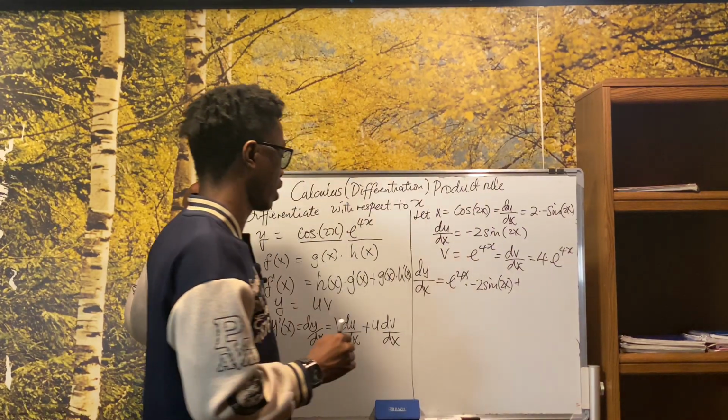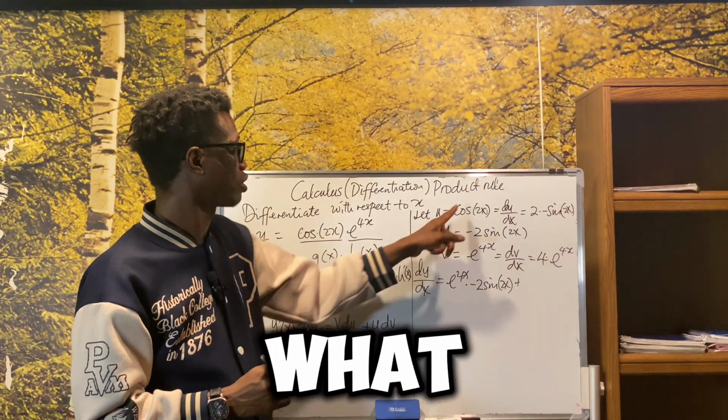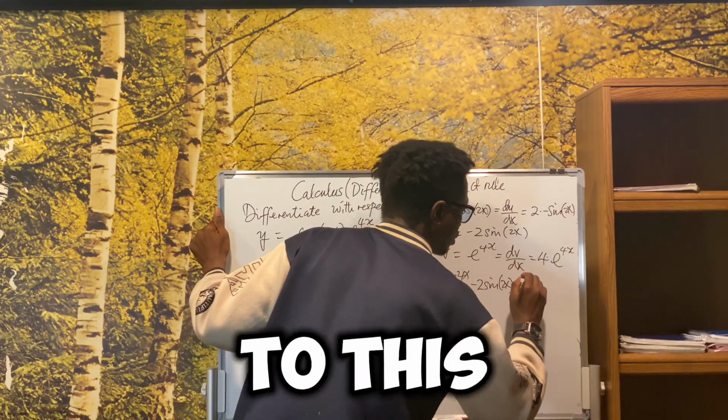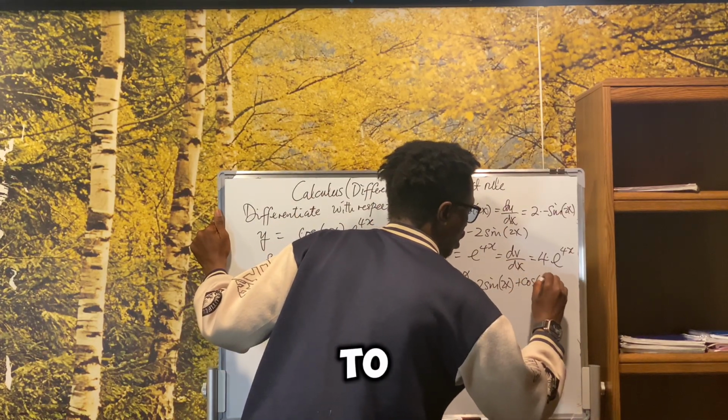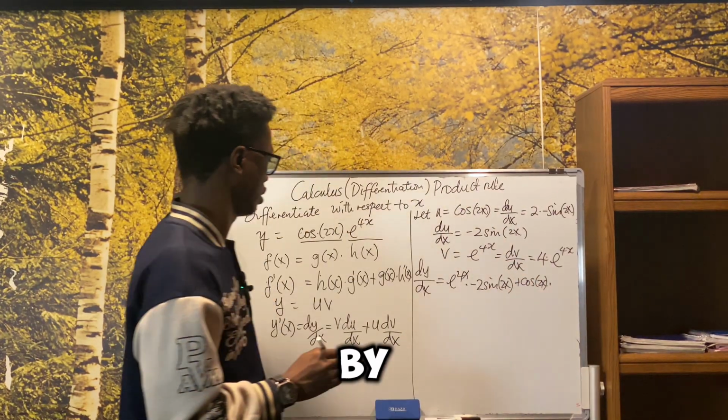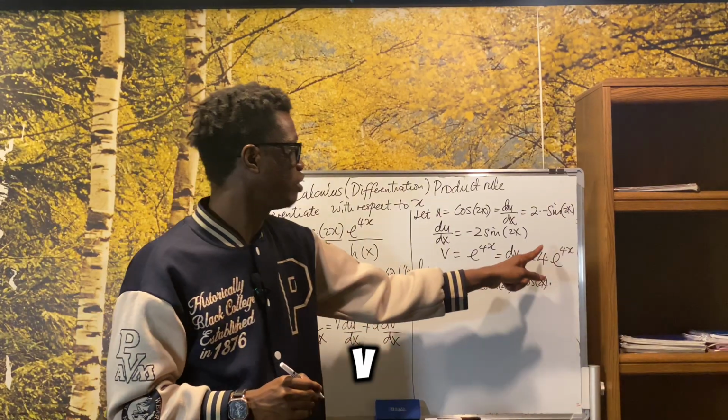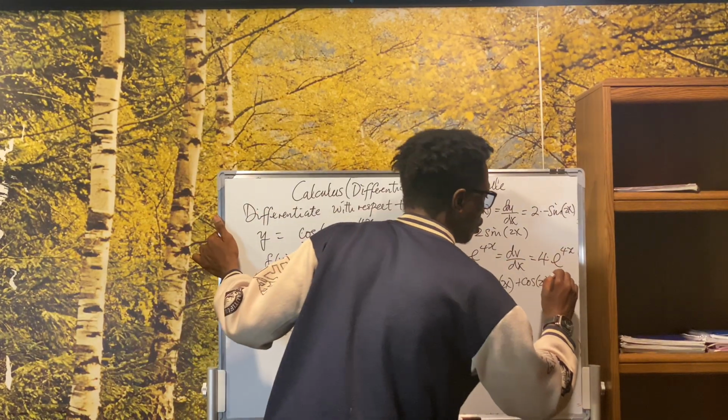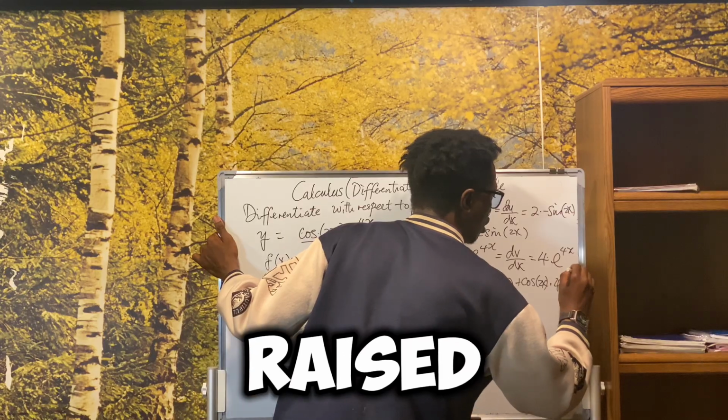Plus u, my u is what? cos 2x. So we have this cos 2x, multiplied by dv over dx. dv over dx is 4e raised to the power 4x.